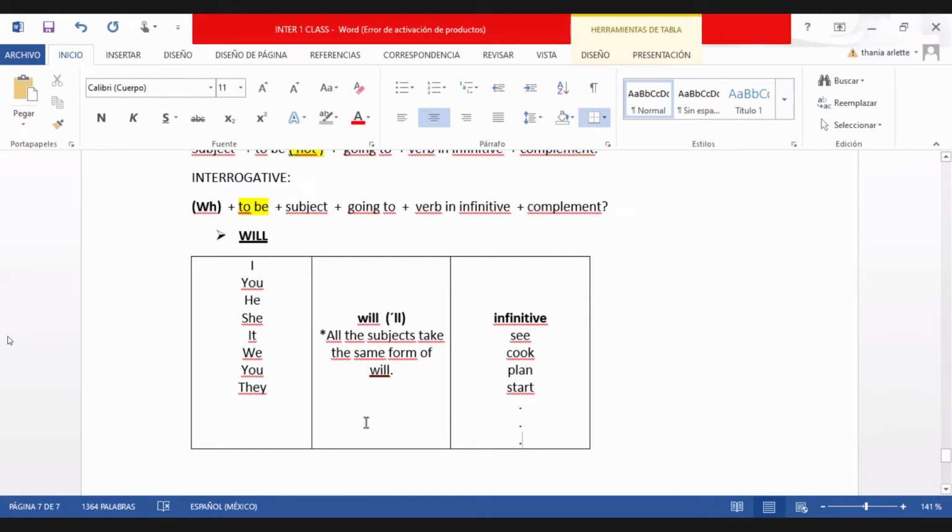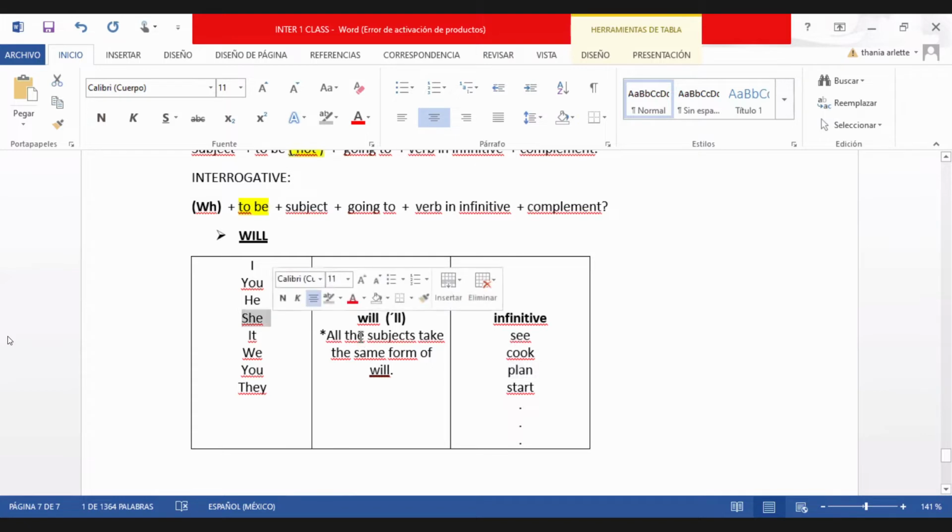So you can build a sentence like: I will see that film tonight. You will cook spaghetti today. He will plan his next trip to London.